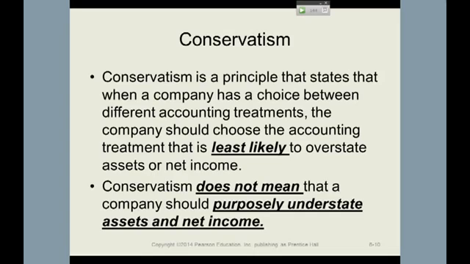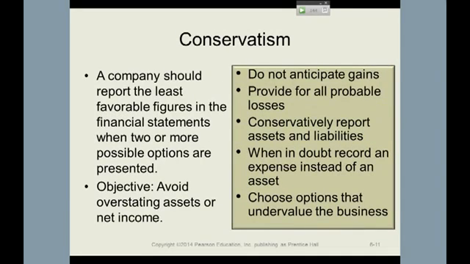We're trying to be safer, and if we're going to make a mistake, we're going to make it on the lower income side rather than the higher income side. Now, that doesn't mean we purposely understate assets and income. If you look at the box in green, we don't anticipate gains, but we do provide for probable losses.